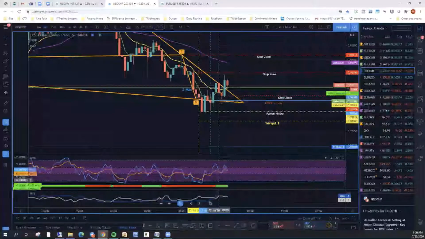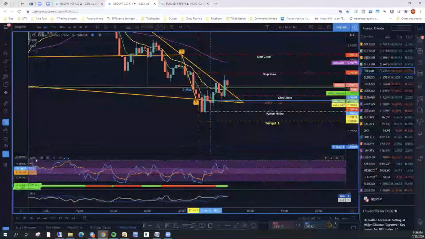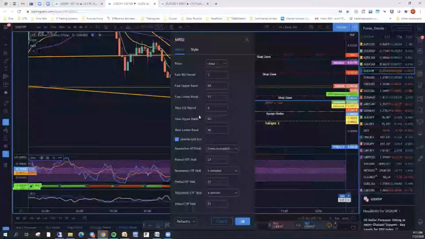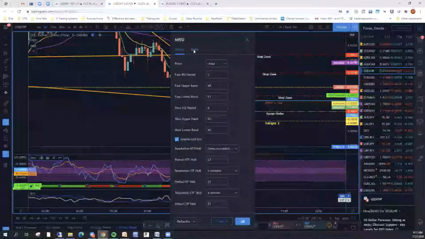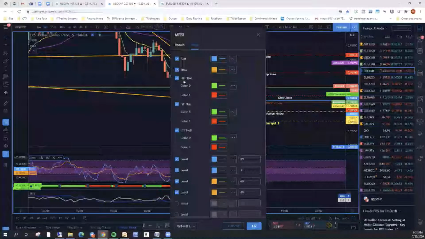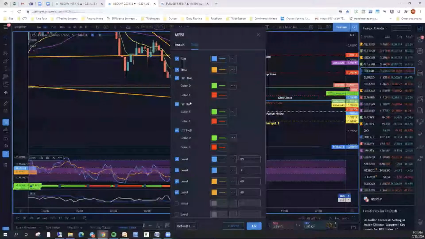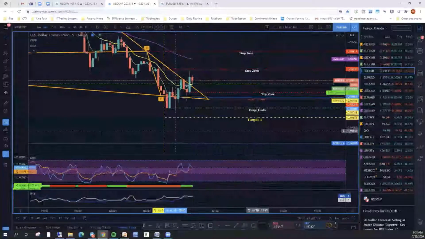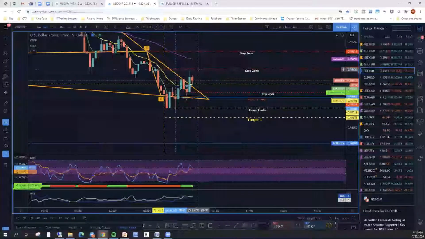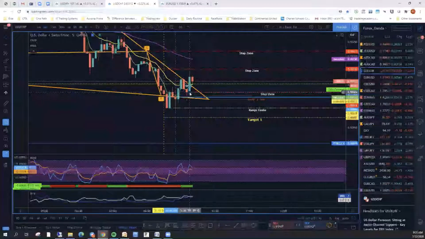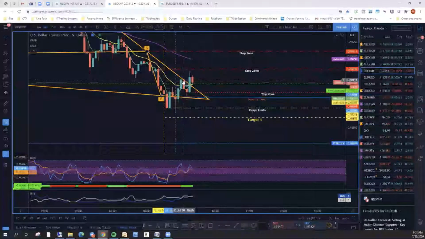I need to check this, make sure these are right. Someone said something to me about that the other day. Okay, style looks right. Higher time frame, yep, those are all good. Right now, we're just going to follow this up. We have a higher high, higher low, and we have a higher close to this one right here.